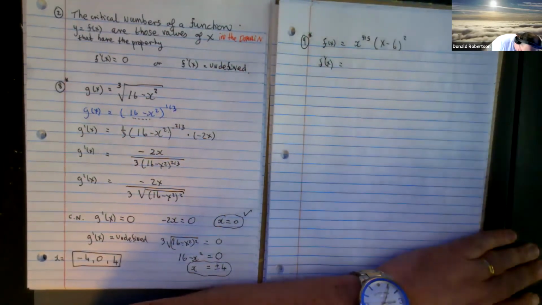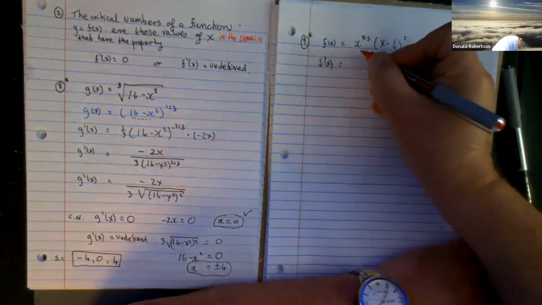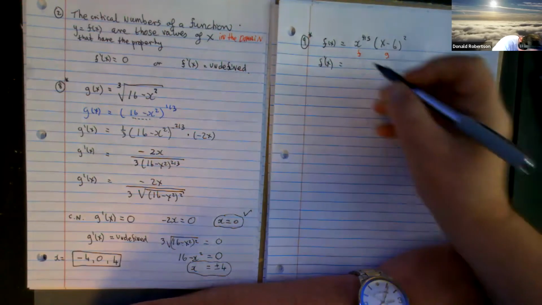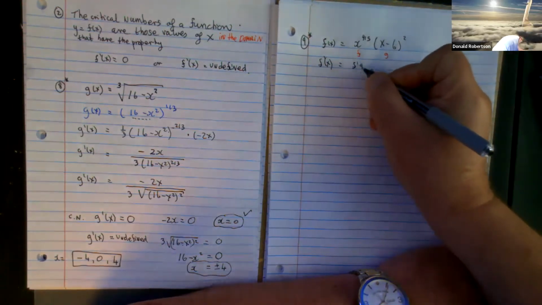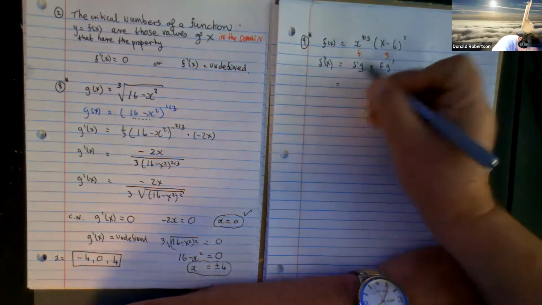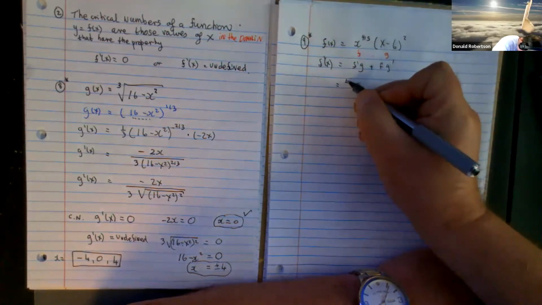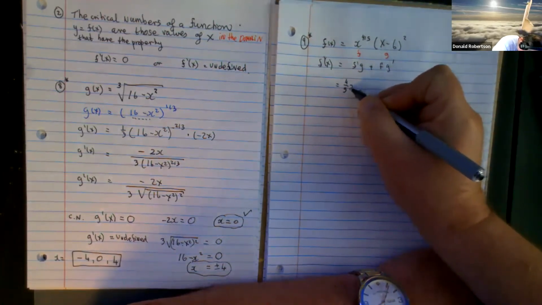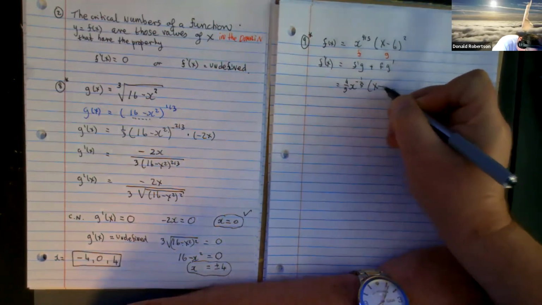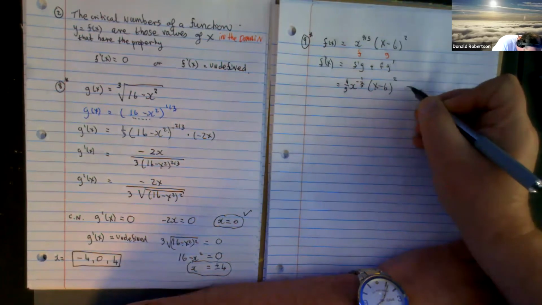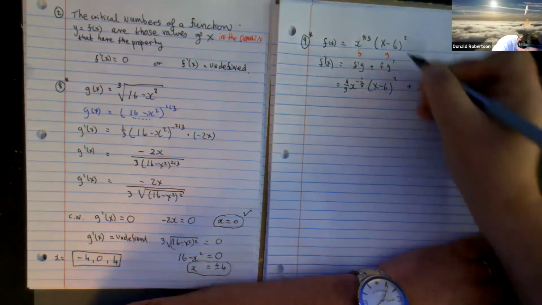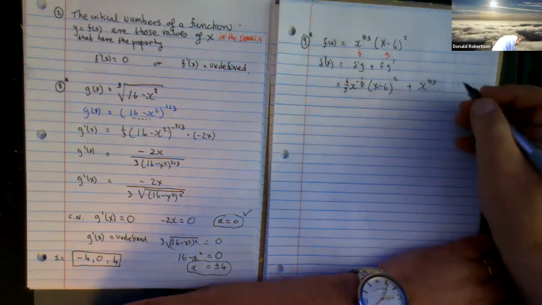In this question, we're going to do a product rule. So f prime g plus f g prime. If you differentiate this first factor, you get 4/5 x to the negative 1/5, and then you leave the other one alone, plus you leave the first one alone, and you differentiate (x minus 6) squared.